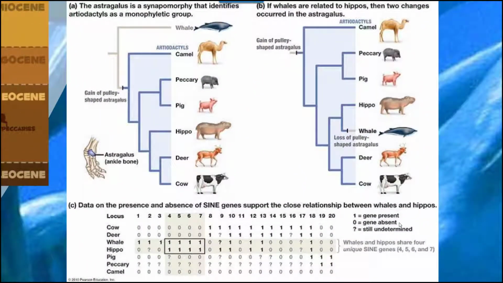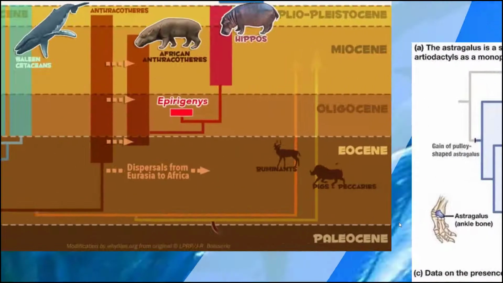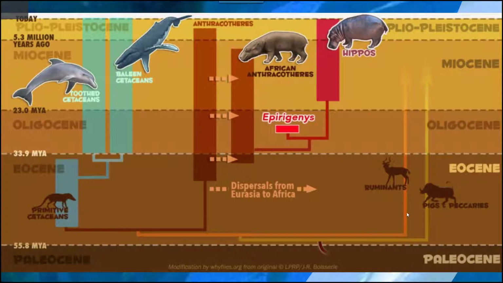If we take a look at the phylogenetic relationship between terrestrial and marine organisms, it turns out that the closest terrestrial relative to the whale is actually a hippo.